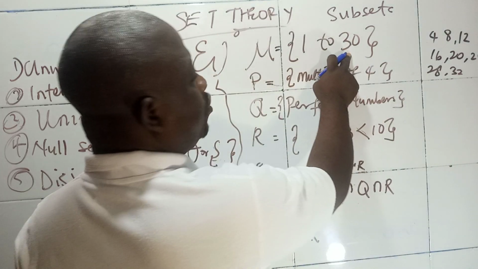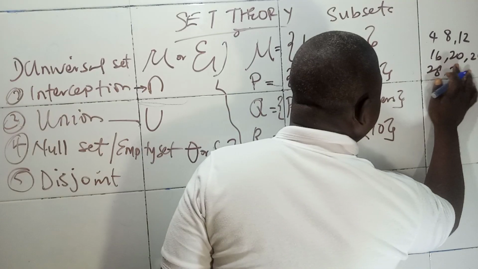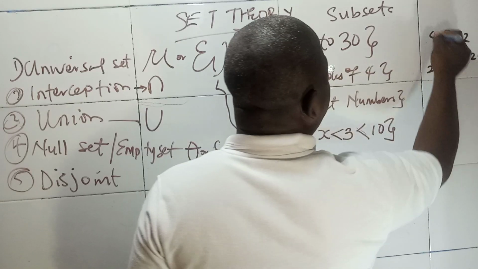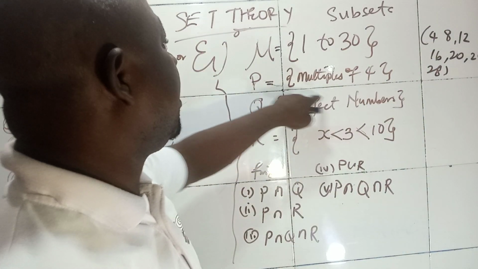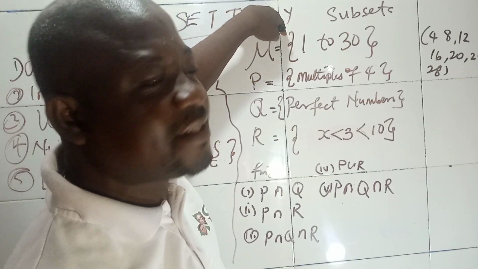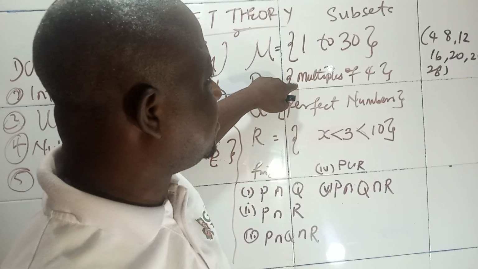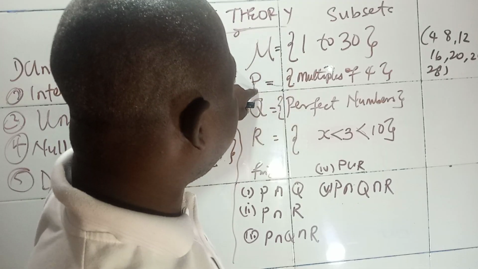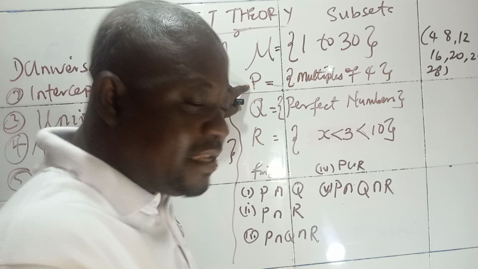Is 32 more than 30? So 32 is not part of our universal set. So you are going to stop at 28, because whatever you may want to get for P must be contained in the universal set, because this is a subset. So now I've gotten all the elements in subset P.